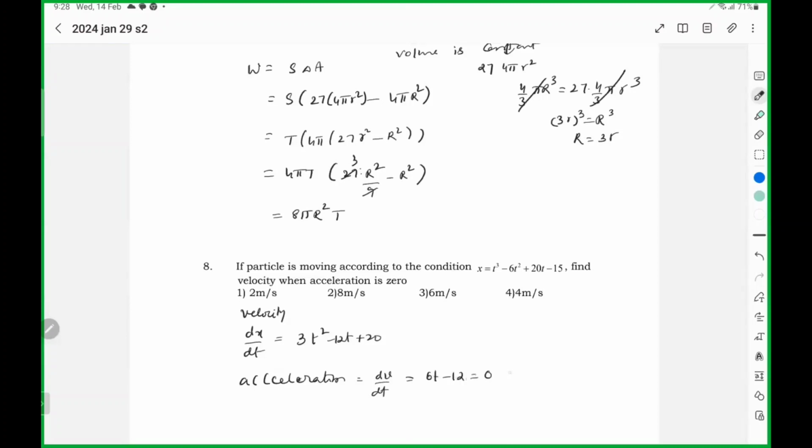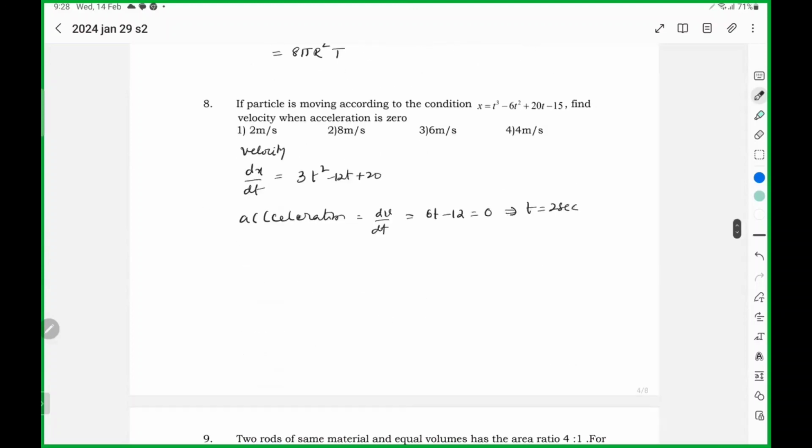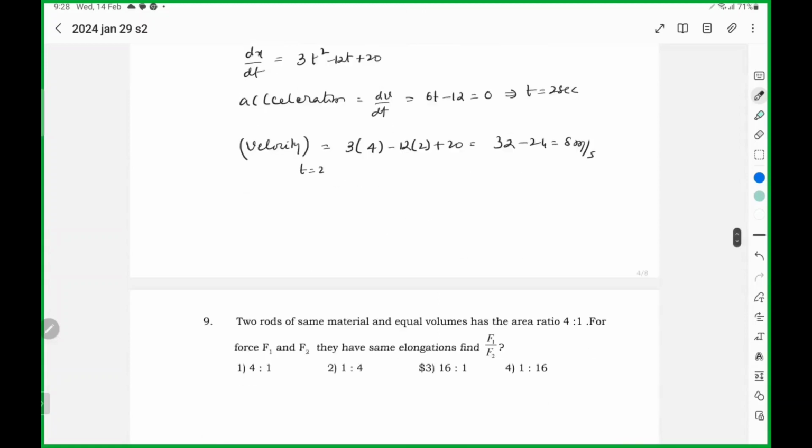Acceleration is 0 when time is 2 seconds. At that time, we have to find velocity, which is 3 into 2 square minus 12 into 2 plus 20. That is 32 minus 24, 8 meter per second.